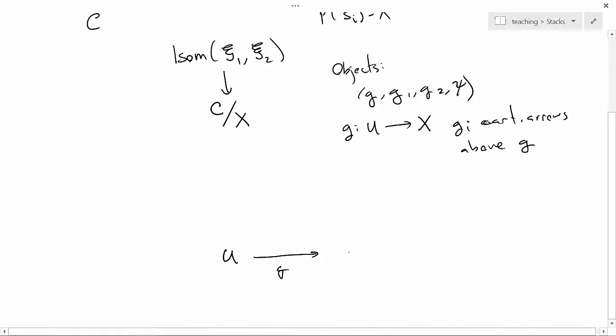So down here we have G mapping to X. Above X we have a couple of objects. Let's say we have the object C1 and the object C2.